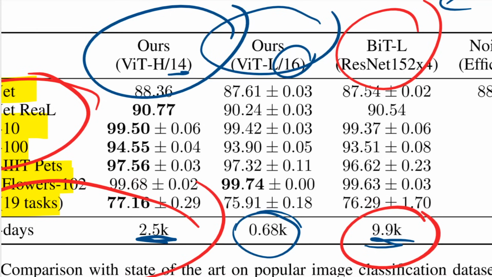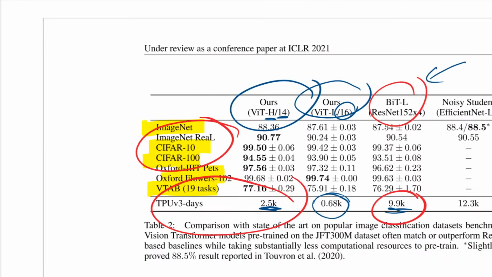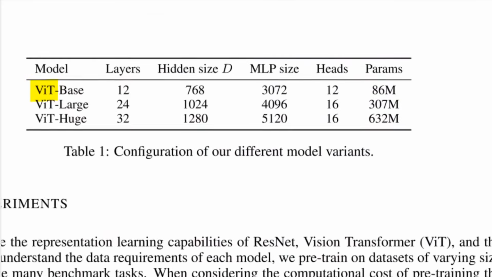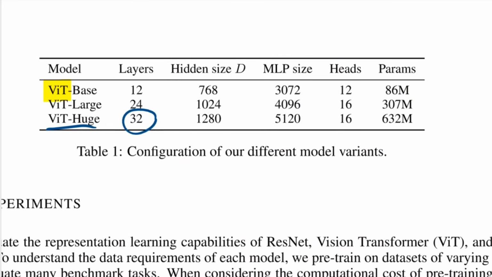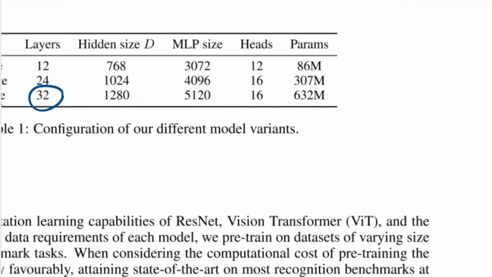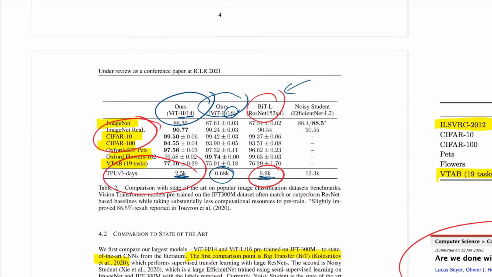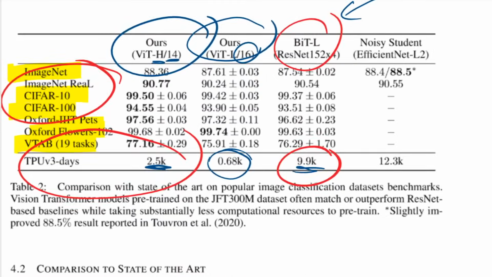If you go with 14 by 14 patches, but also the H, I believe, is more layers. There is actually a table up here. Yeah, so the huge has 32 layers, and that has double the amount of parameters. All of that gives you a higher computational requirement, still lower than the Big Transfer paper.